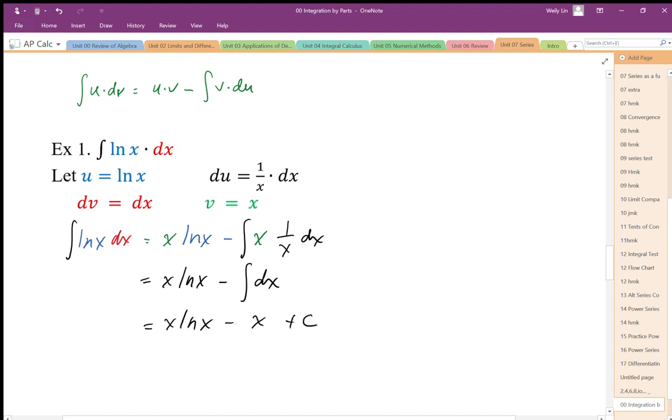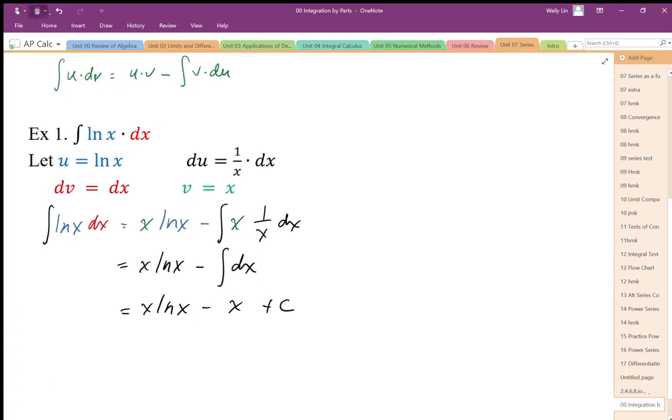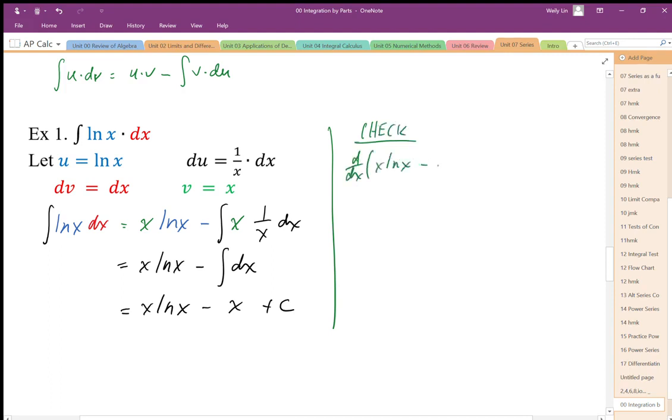So again, this is something new, so we should just check it to make sure that it works. I'm just going to check it over here by differentiating. I can always check by derivatives. So d by dx of x log x minus x plus c, that's going to be the product rule, so log x plus x times 1 over x.